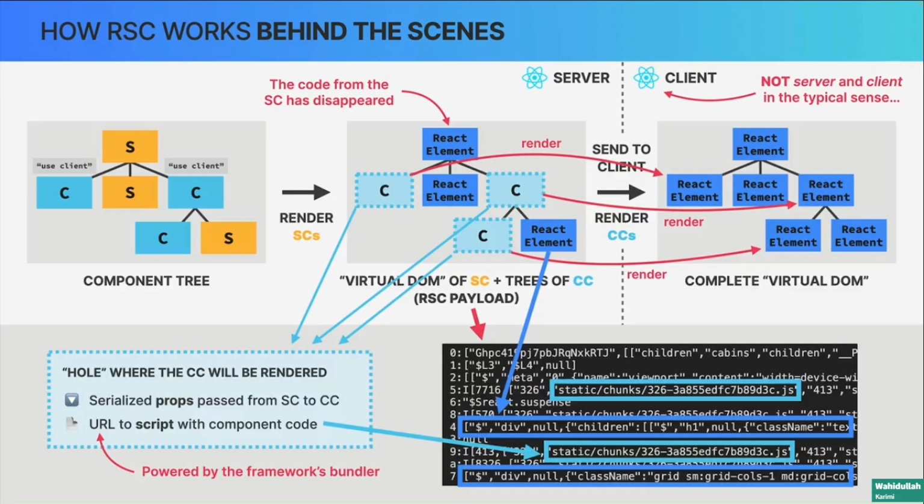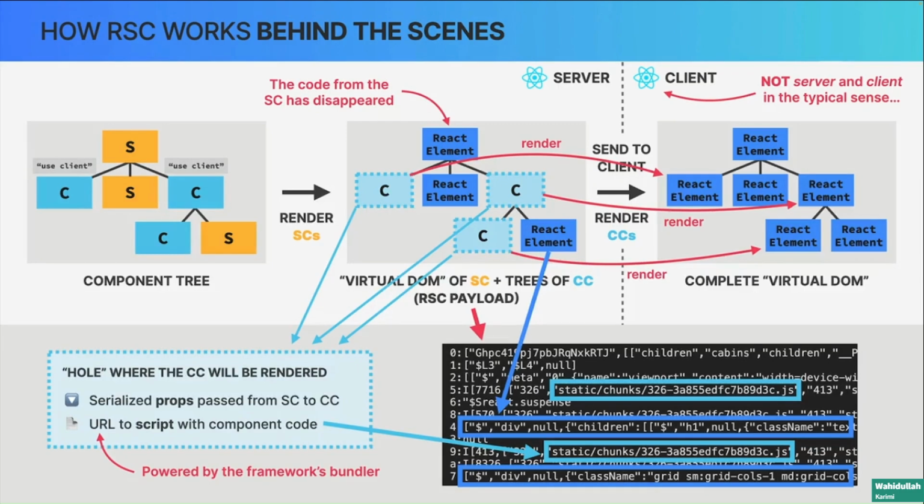All right, so looking at this diagram, if we think about it, rendering in RSC is actually pretty similar to rendering in traditional React, but simply done in two steps and in two different environments, so the server and the client. We start with a component tree as always, and in the end, we have a tree of React elements generated in two steps.